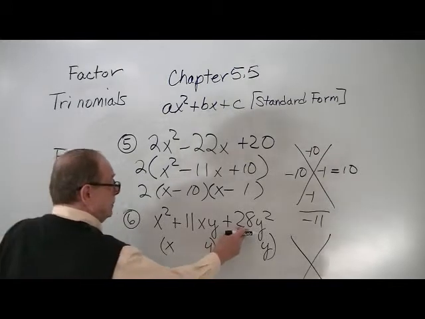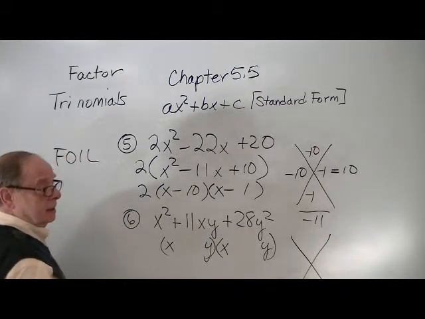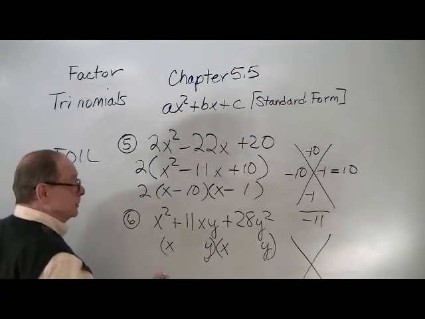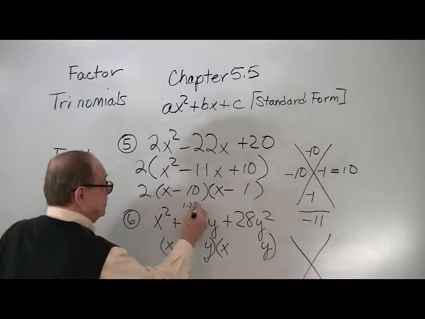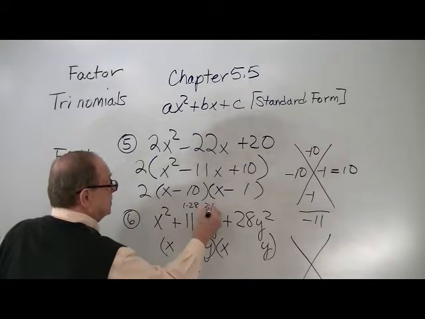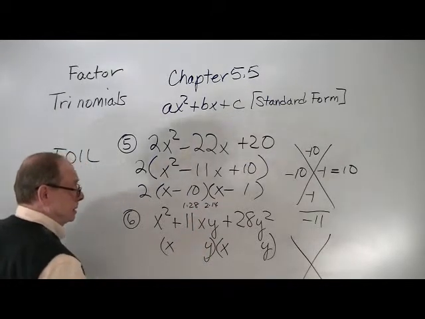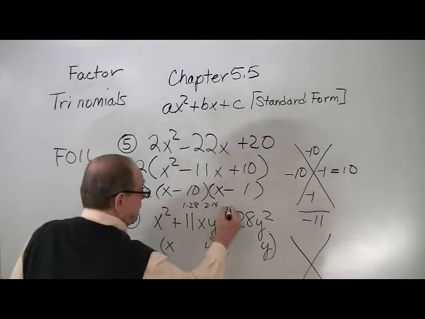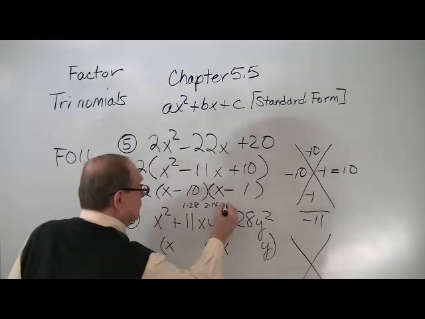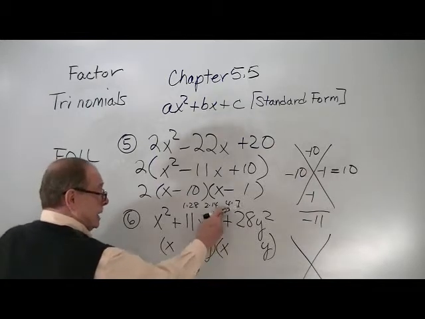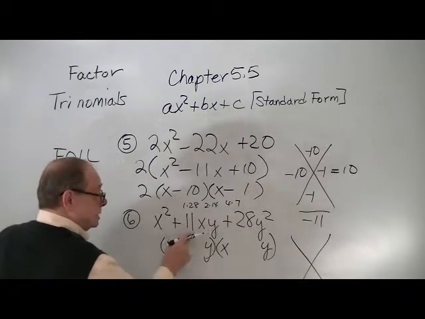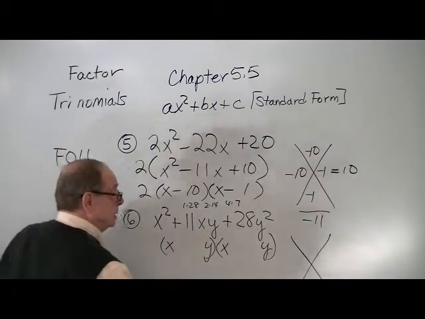And now we have 28. So what are the factors of 28? Well, 1 times 28, 2 times 14, and we have 4 times 7. That looks like the one we want because that adds up to 11.